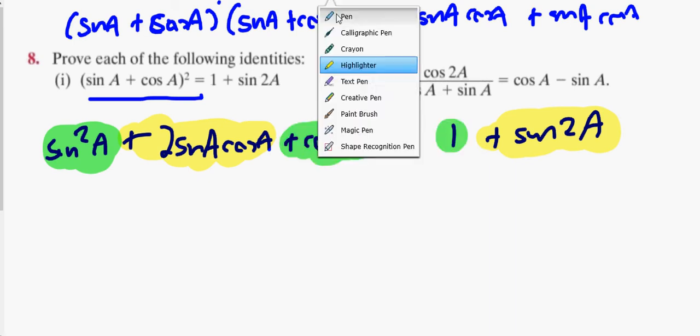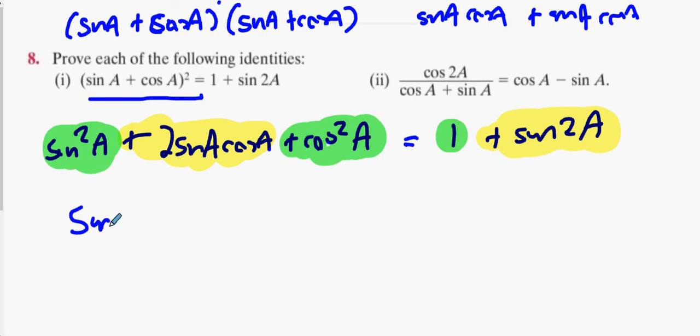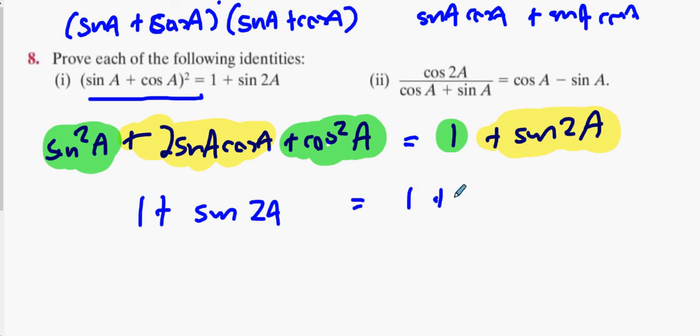So therefore, you'll have sine squared A plus cos squared A. So you can change them, can't you? So you just end up with 1 plus sine 2A equals 1 plus sine 2A.